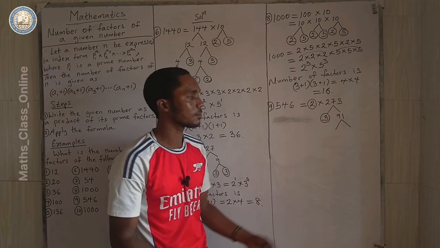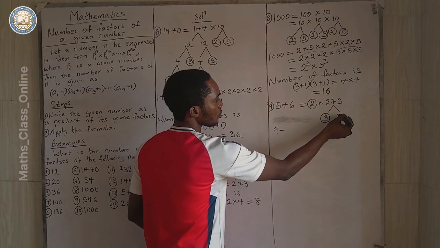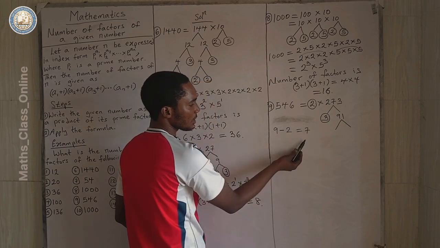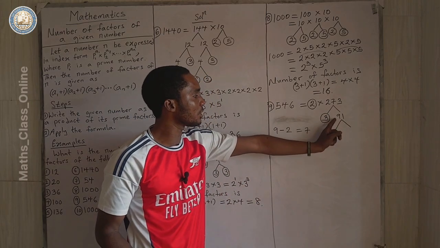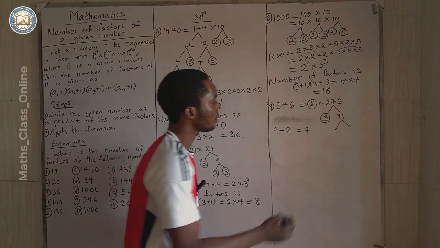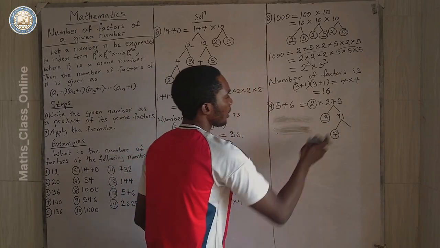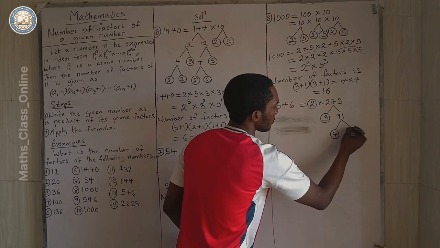Let's test for 7. The divisibility test of 7 is 9 minus twice the unit digit. 2 times 1, that is 2. 7. Can 7 divide 7? Yes, 7 can divide 7. That means that 7 will divide 91. 7 is prime. 91 divided by 7, that is 13.